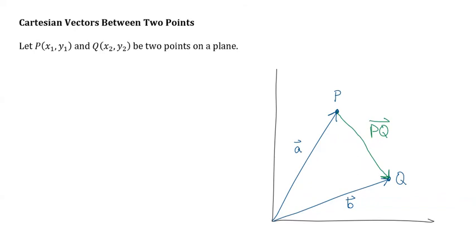So what that actually is, PQ is negative A, which is P to, what's this point? O, the origin, right? Usually we call it O. So I go from P to O, and then I add O to Q. Well, doesn't that make sense?